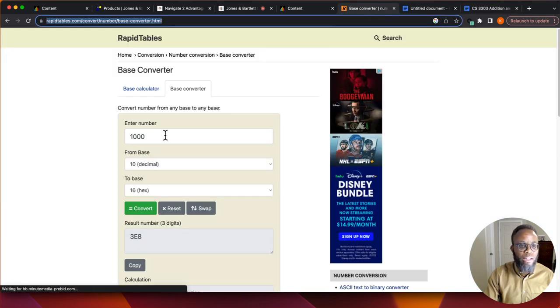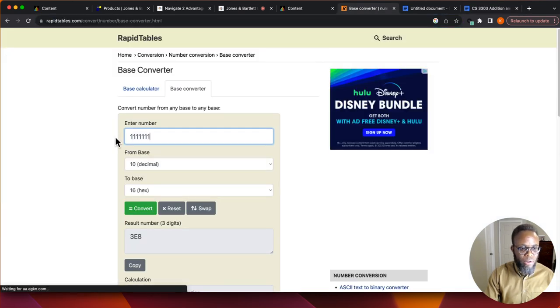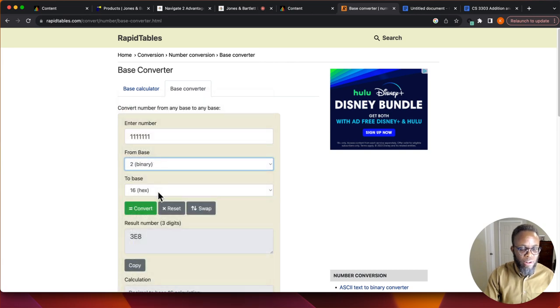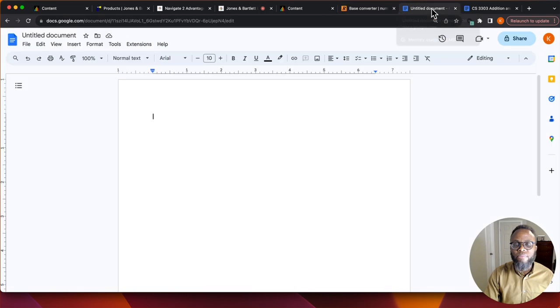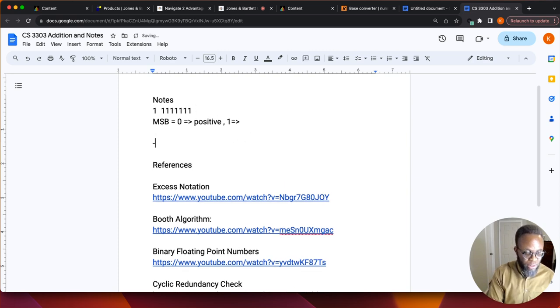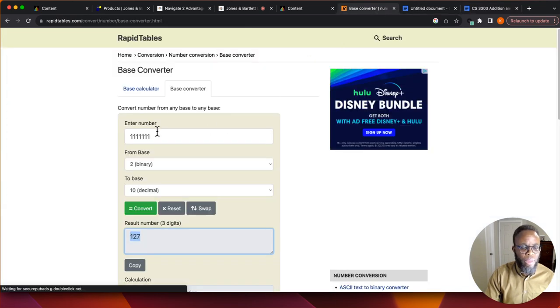So I have a little calculator here. Let's say that I wanted to convert this from base 2 to base 10. Convert, so that's 127. So this number here should be, because this is a 1, which indicates a negative, minus 127 base 10.